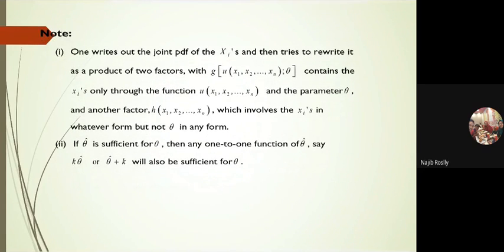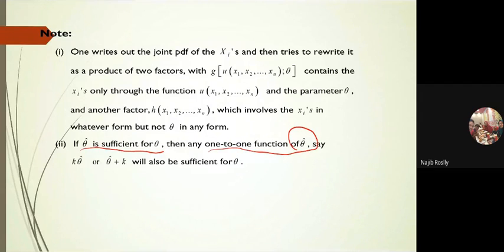One more thing you have to note: if theta hat is sufficient for theta, then any one-to-one function of theta hat is also sufficient, since the sufficient statistic in this case is not unique. There can be one or more sufficient statistics for the same probability density function.